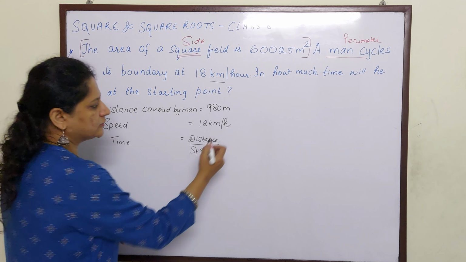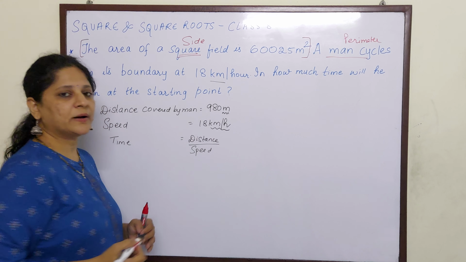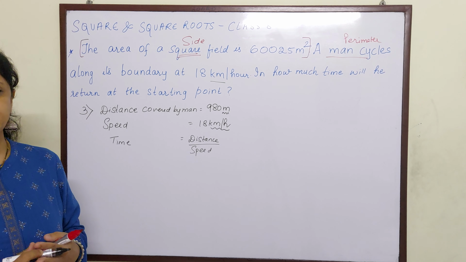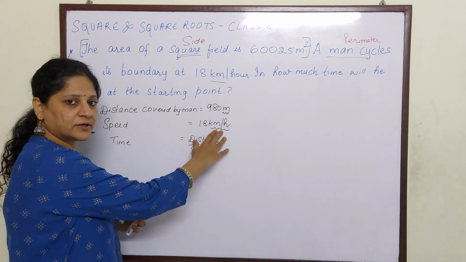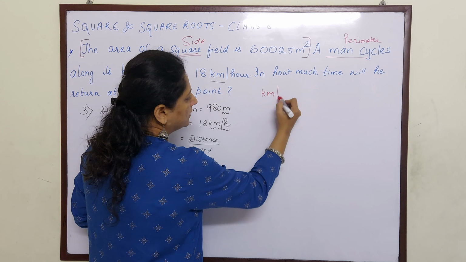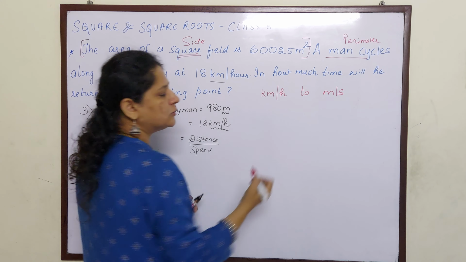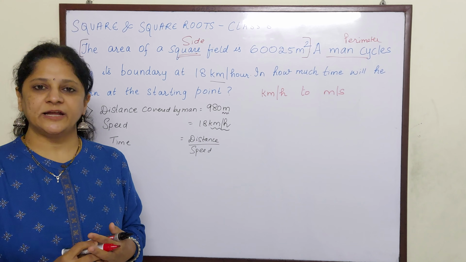But if you look closely, the distance is in meters and the speed is in kilometer per hour. The units are not the same, children. So to convert kilometer per hour to meter per second, you have to multiply by 5 by 18.